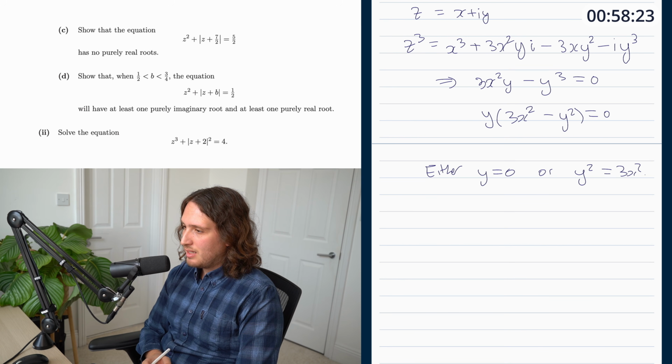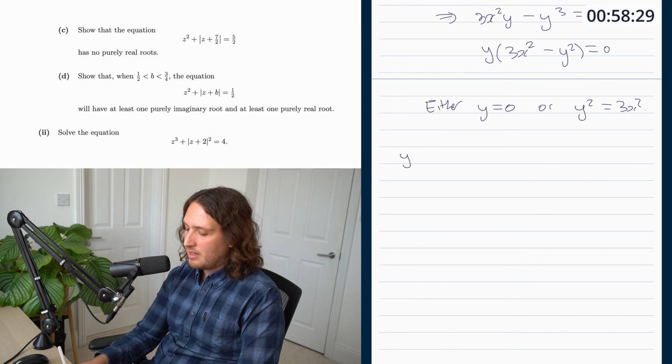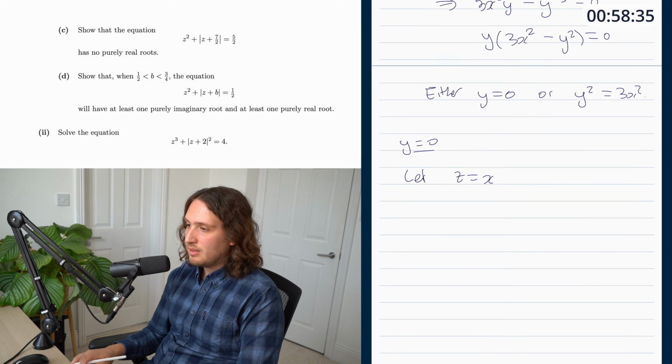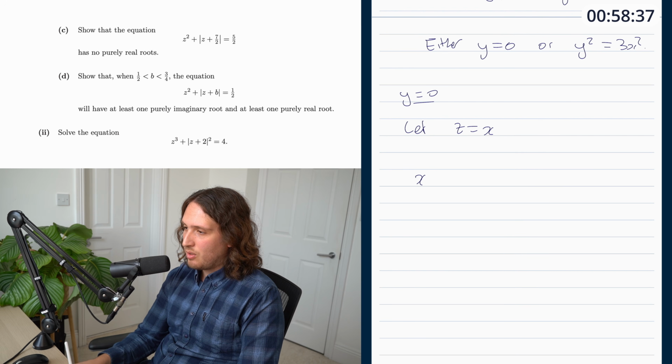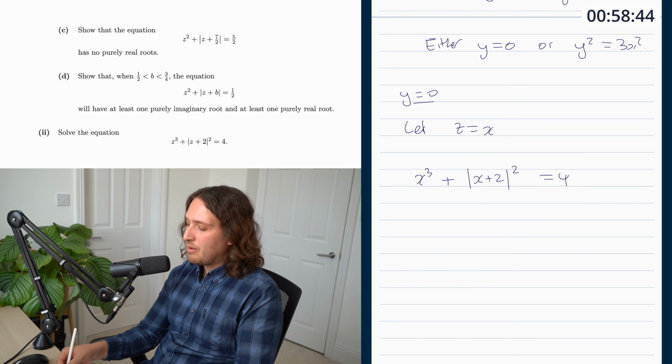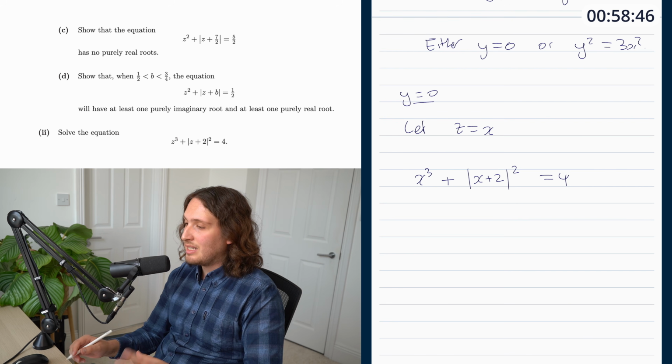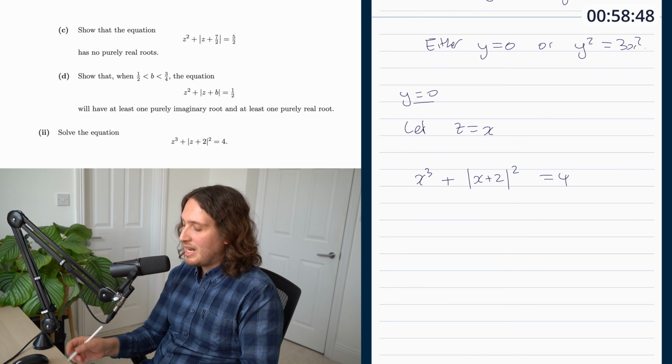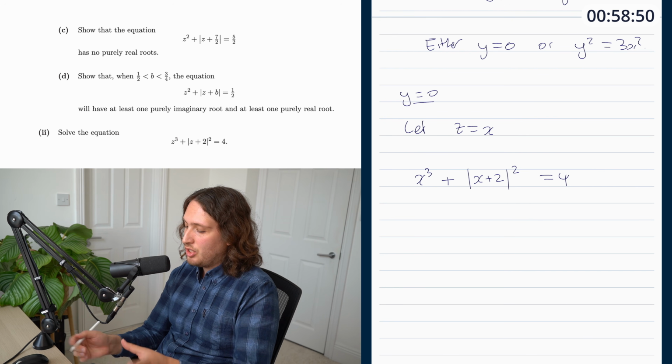All right. So now I guess I can try to solve each case in turn. So if y is 0, then I can just sub in z is x, which is real. Having done that, I've got x cubed plus modulus x plus 2 squared is 4. But hang on a minute, a modulus is positive anyway, and if I square it, if it was negative, it would have just lost the sign.